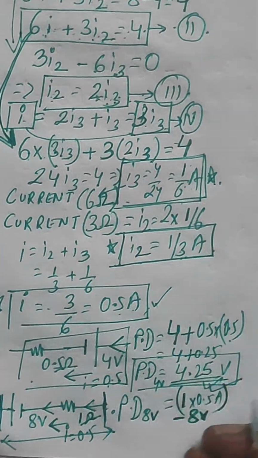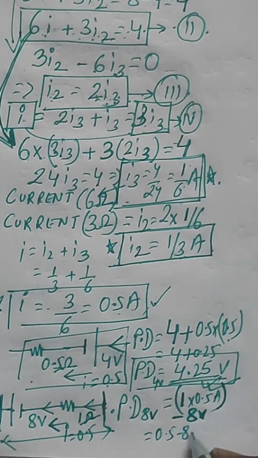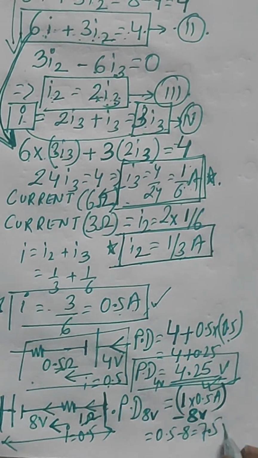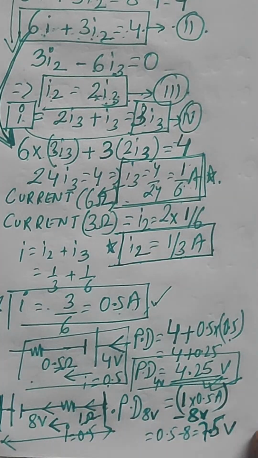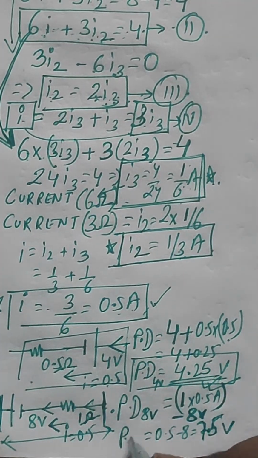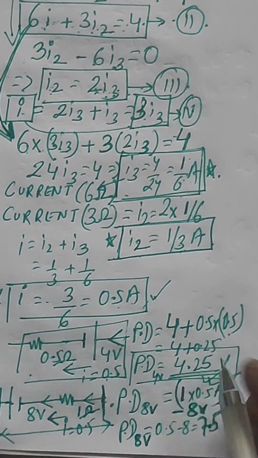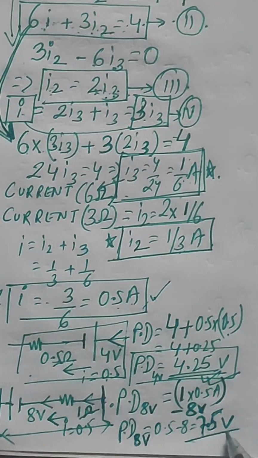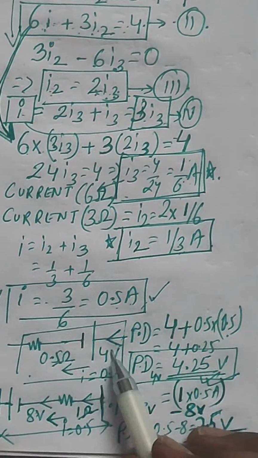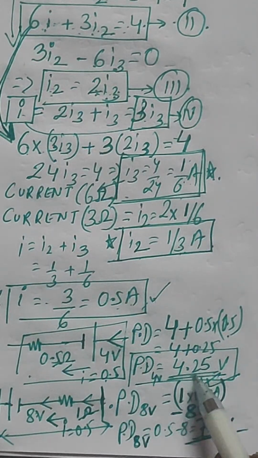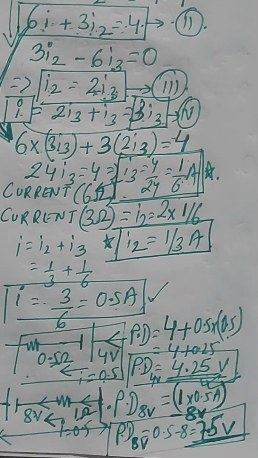So this will be giving you 0.5 minus 8, which is coming as 7.5 volt. So 7.5 volt is the potential difference across this 8 volt EMF source. So in this way 7.5 volt is the potential difference for this 8 volt, and for the 4 volt source the potential difference was 4.25 volt, right? In this way we have solved the second part of the question.